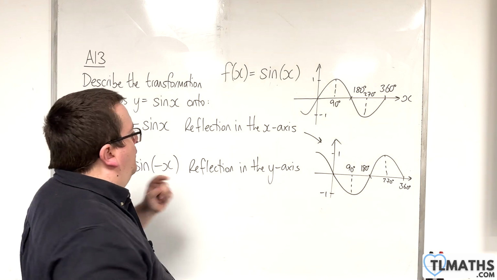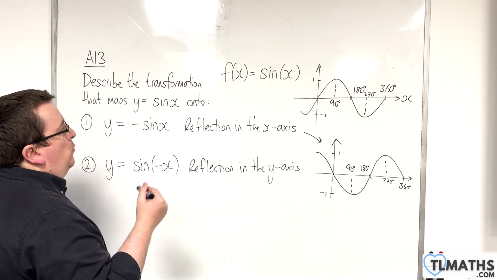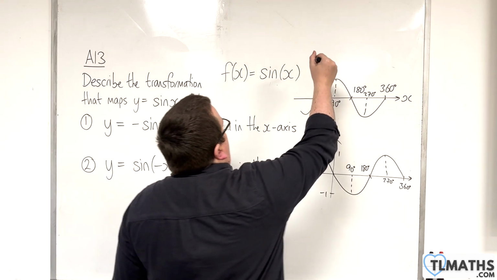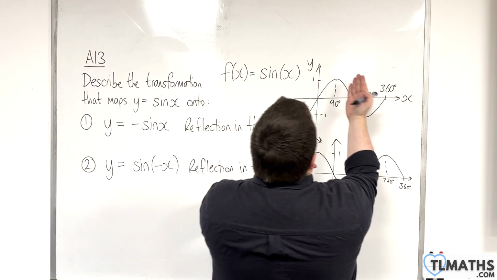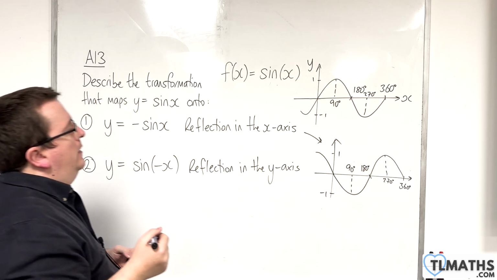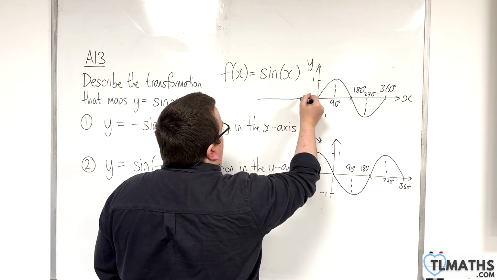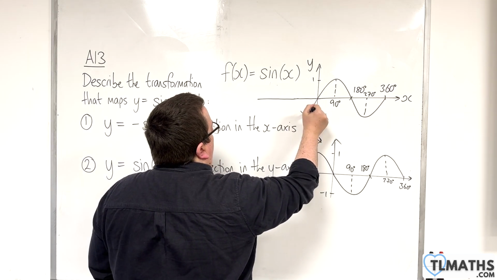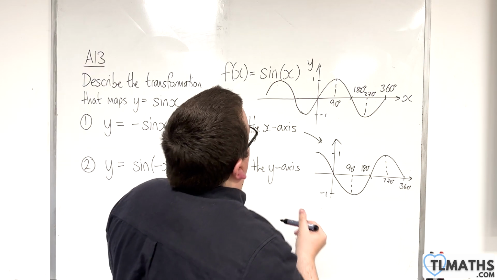What if we now reflect in the y-axis? So go back to the original graph and we do a reflection in the y-axis. So here's your y-axis. We're going to reflect in that line now. So all of that's going to come over here, and all of that is going to come over here. Okay. So if I continue the graph a little bit, just so we can remind ourselves what's going on to the left of the y-axis, then I haven't drawn that particularly well.